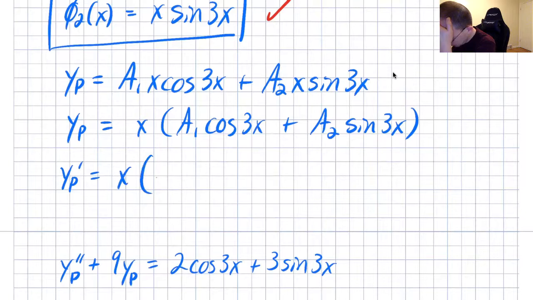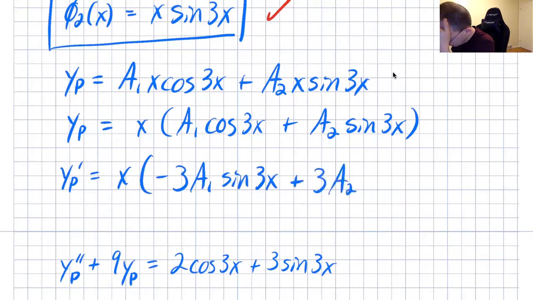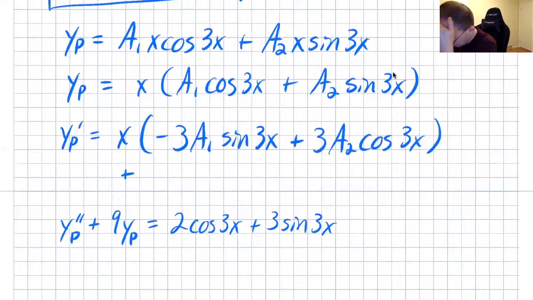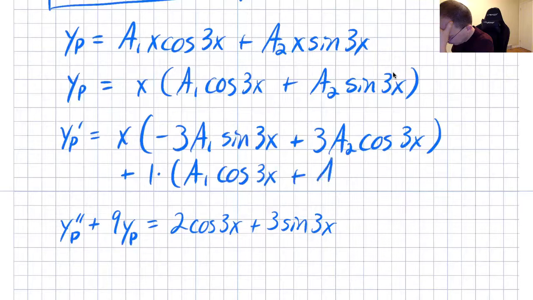So that'll be negative 3a1 sine 3x plus 3a2 cosine 3x. Oh, now I'm doing product rule. Almost forgot. And then the derivative of x, which is 1, times a1 cosine 3x plus a2 sine 3x.